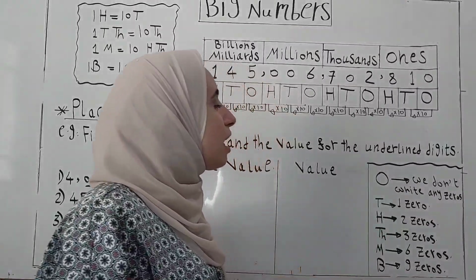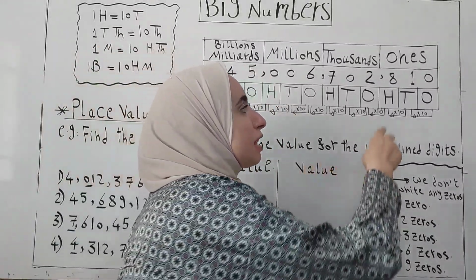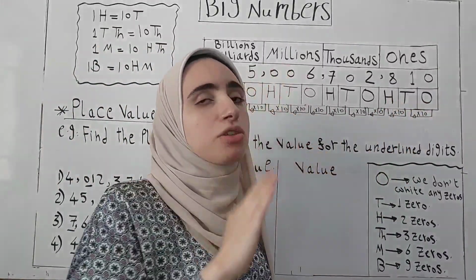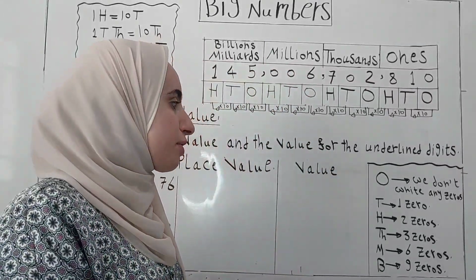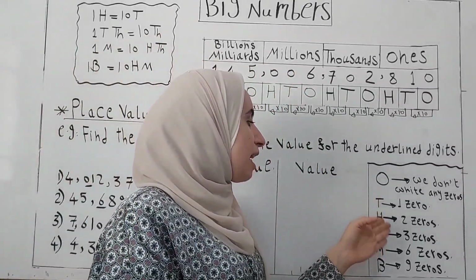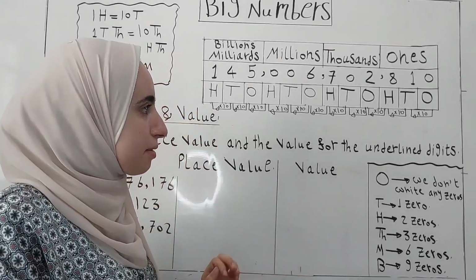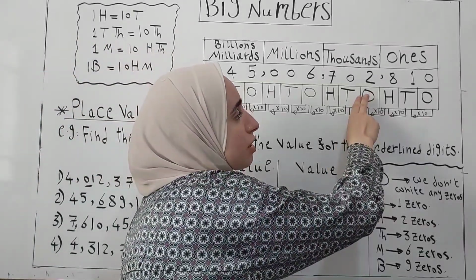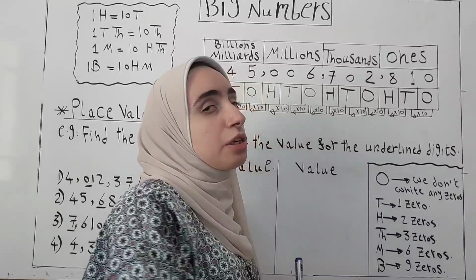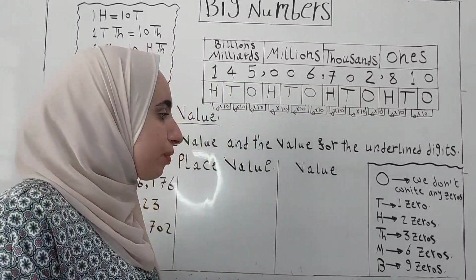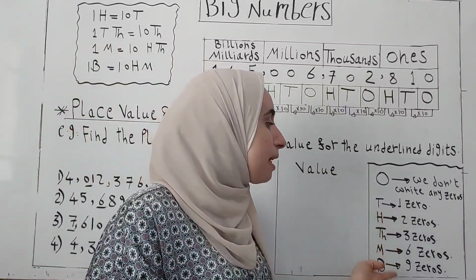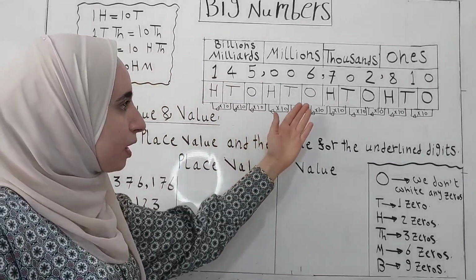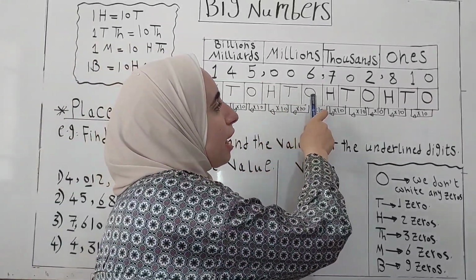If the digit is in the hundreds place, how many digits before it? 2. So we write 2 zeros. And if the digit is in the thousands place, how many digits before it? 3. So we put 3 zeros. And if the digit is in the millions place, how many digits before it?